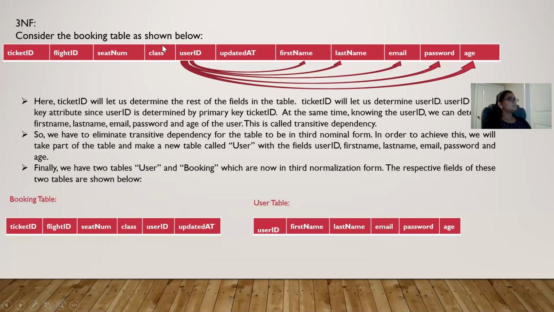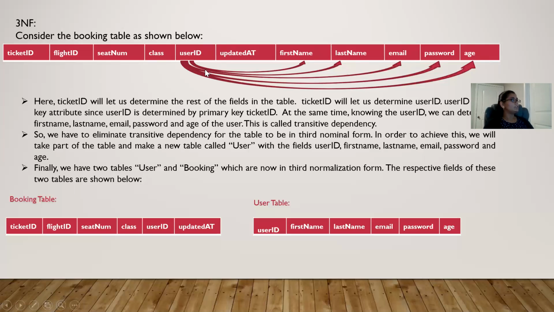Also, knowing the user ID, we can determine the first name, last name, email, and password and age of the user. So here, user ID is a non-key attribute, but still it's enabling us to determine these fields. So this situation is called transitive dependency. So for the table to be in third normal form, we have to eliminate this condition here.